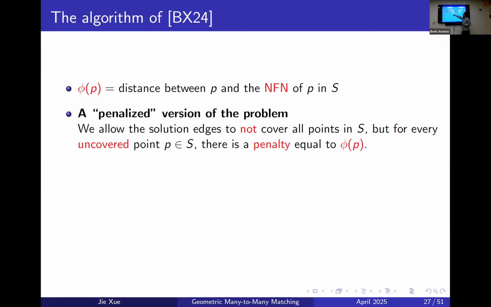However, for every uncovered point P, I have to pay a penalty equal to phi of P, the distance from P to its nearest foreign neighbor.